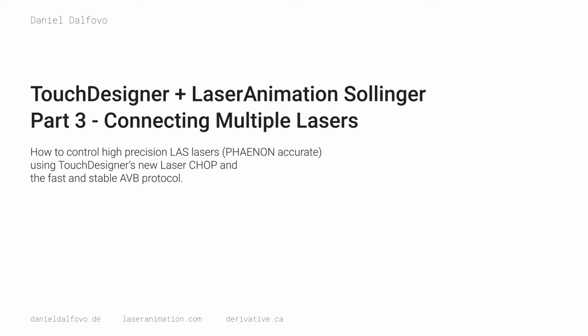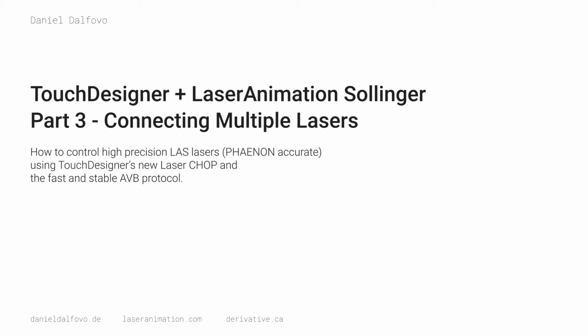Hello again and welcome to part 3 of my tutorials on how to control lasers with TouchDesigner. Part 1 of my tutorial series was about the general setup. Part 2 was more specifically about the laser chop itself, the node within TouchDesigner.